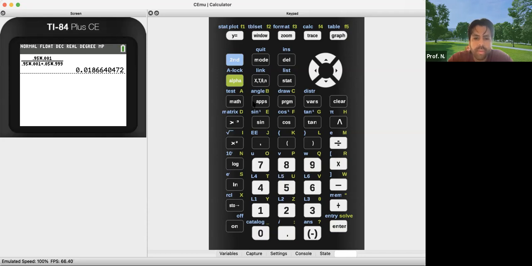I get 0.018, and if I want to write this as a fraction, this is the fraction. You get 19 over 1018 as a fraction in simplest form, and approximately as a decimal, this would be 0.0186... Okay.